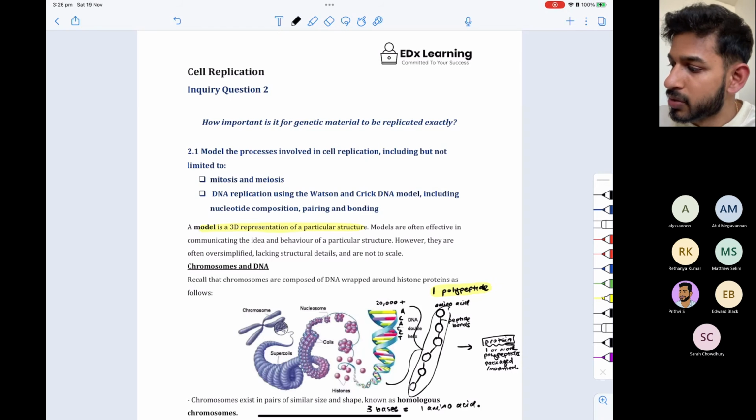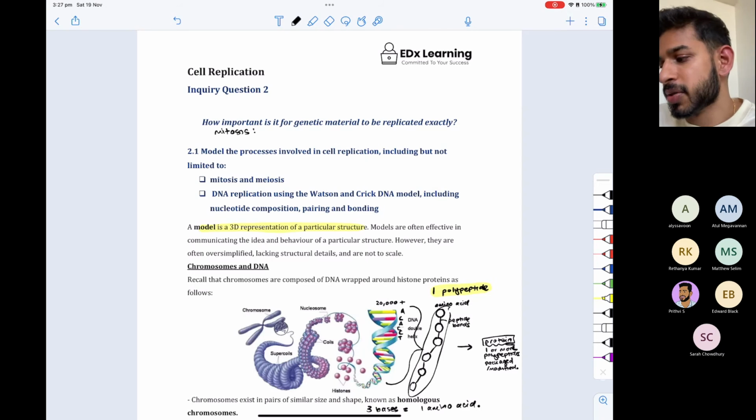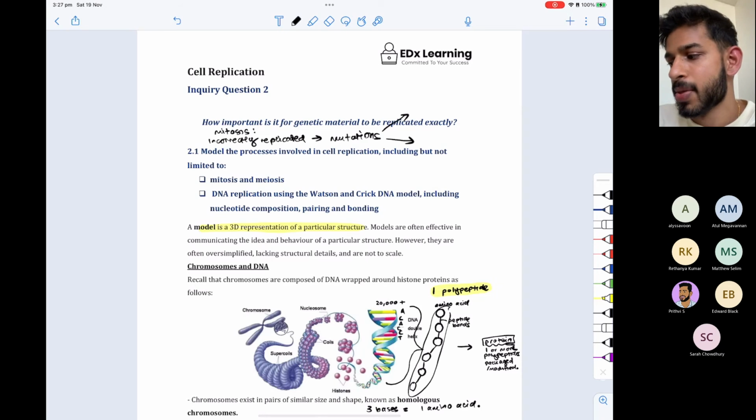Okay, so when we're talking about mitosis, if we have genetic material that's incorrectly replicated, that leads to mutations. And mutations can have two effects. They can either be good or they can be bad.